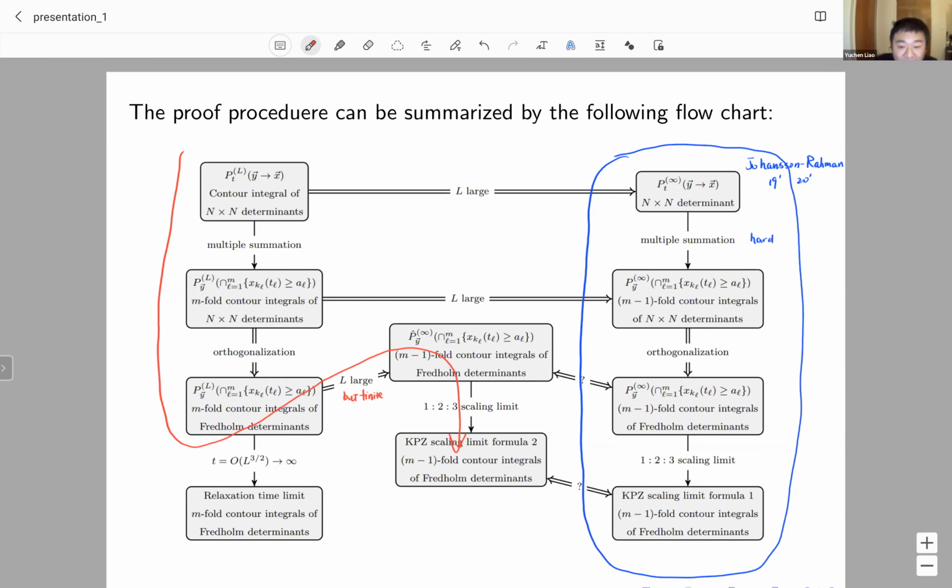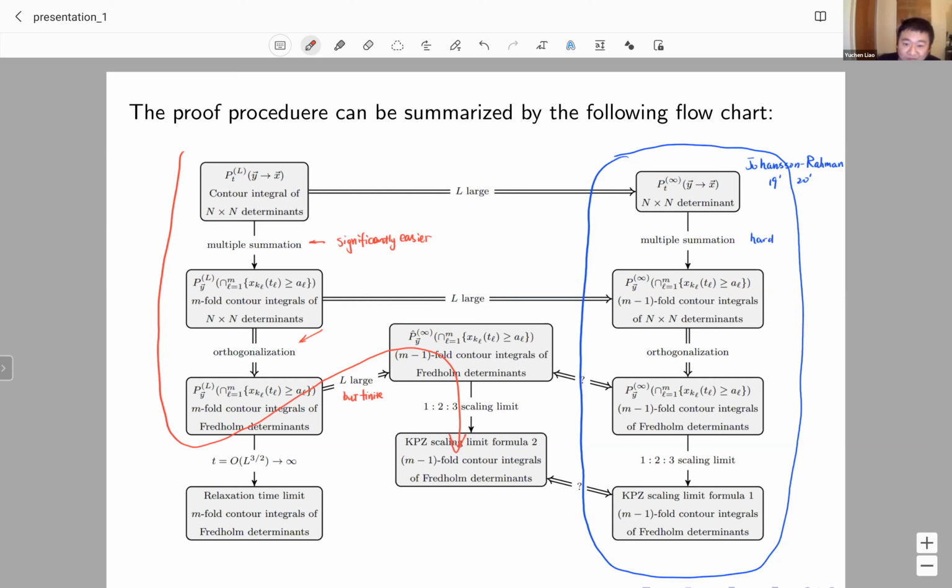But for that formula, the one I just showed you, one can perform similar asymptotic analysis. So the advantage of working on periodic models is basically this step and this step, in my opinion, is significantly easier. And the final formula, in my opinion, is also easier, but I'm not sure. It depends on who you ask this question to.